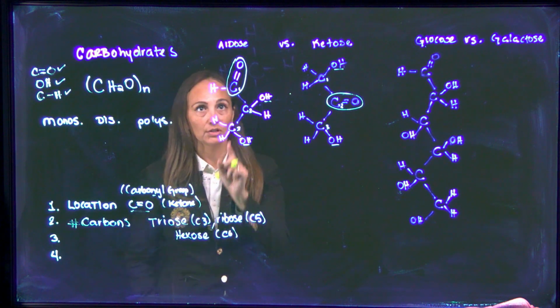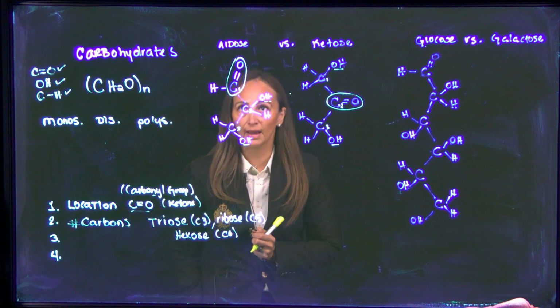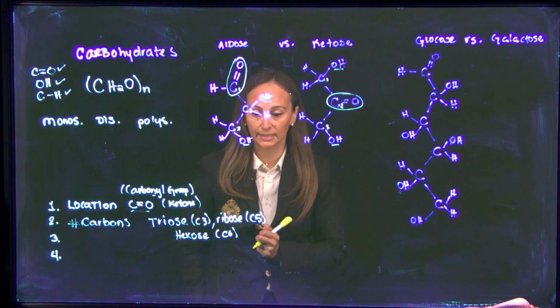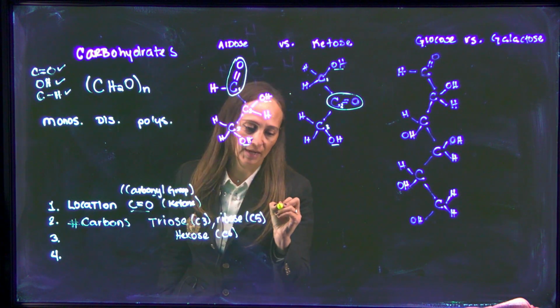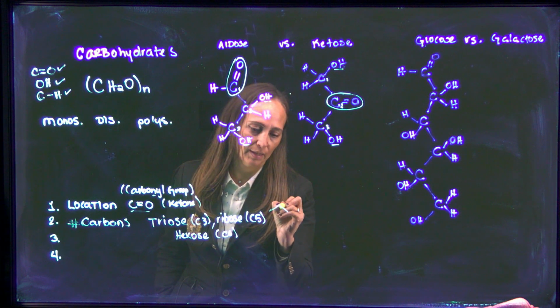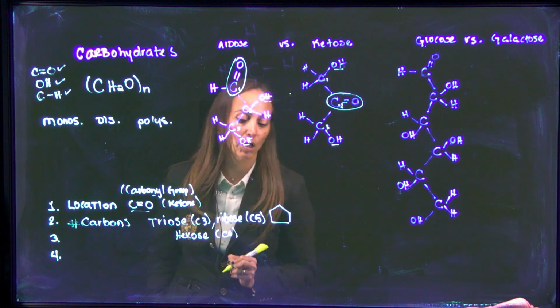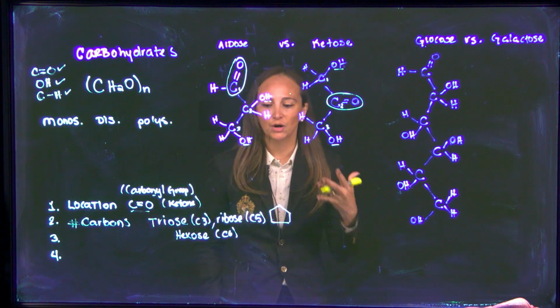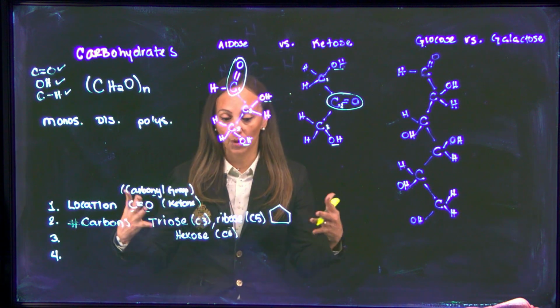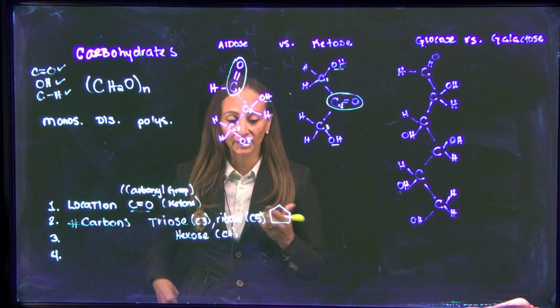So we have a triose, like the example of the aldose and the ketose. We have the ribose. Riboses are very important to be part of the building blocks of bigger molecules, like other macromolecules, like nucleic acids.